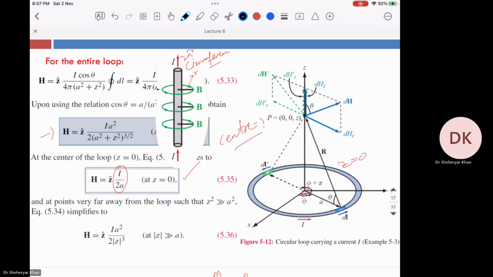Inside the room, do you know what a solenoid is? This one. So what's the magnetic field?